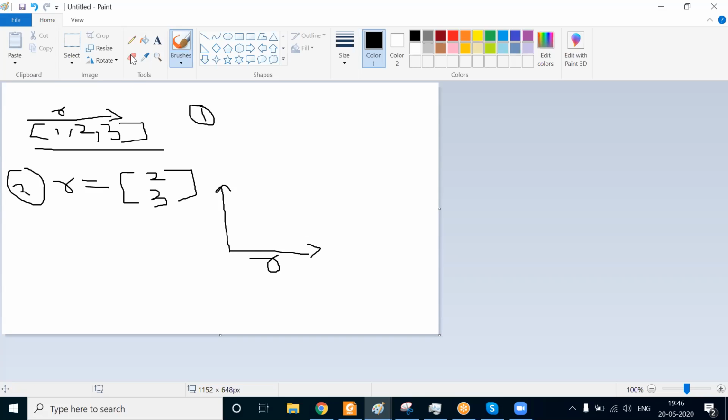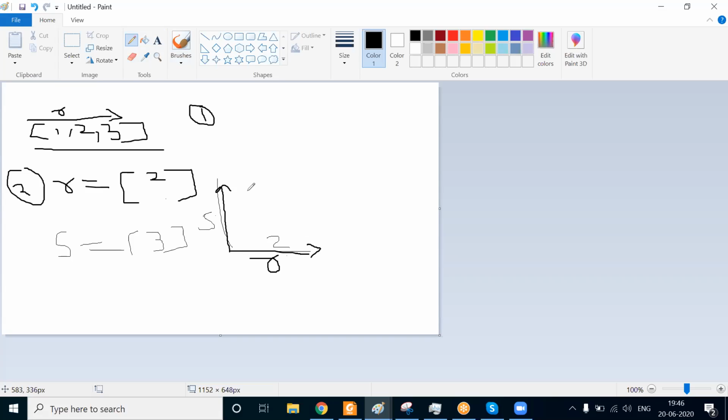Let me not put 2 dimensions, only 1 dimension, 2, right? So this is 2. Now similarly I have the vector s, which is 3. So this is 1 dimension, this is another dimension, this becomes my second dimension, 2 dimensions, right?